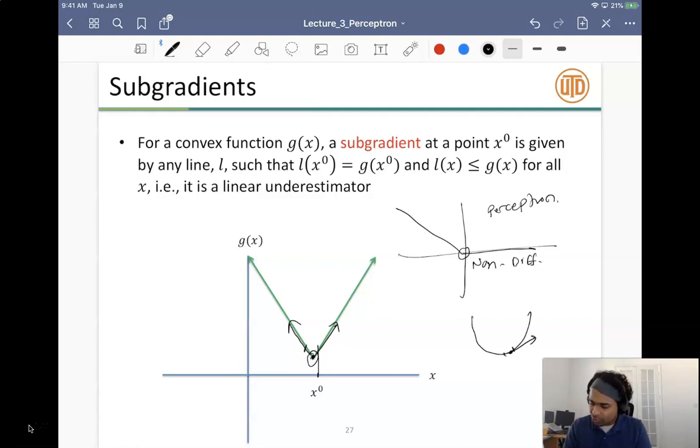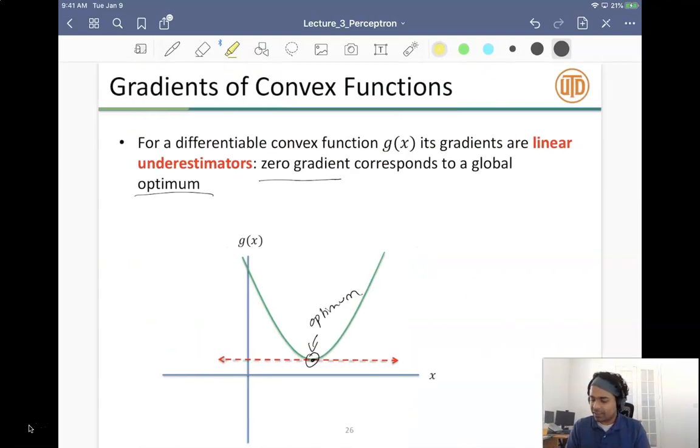So what to do in such a case? It turns out that we can define a subgradient here. This is an important concept. A subgradient is any linear function L such that L of x0 is equal to g of x0, so it's tight. This is the point where it's tight.